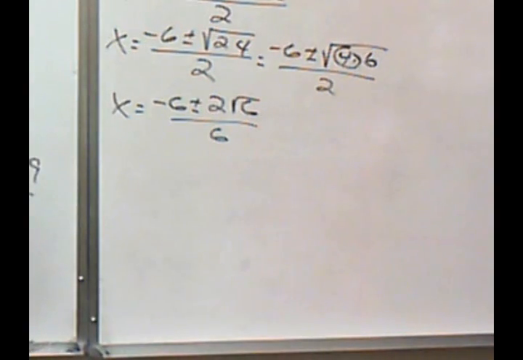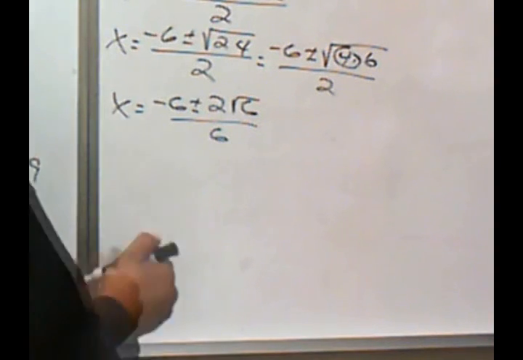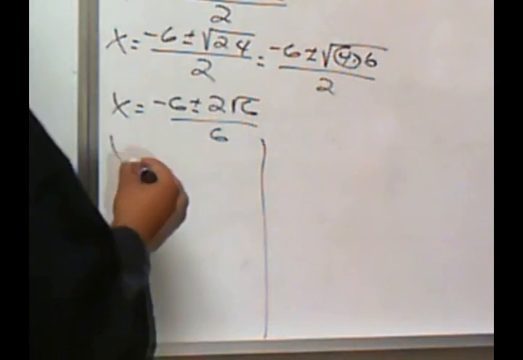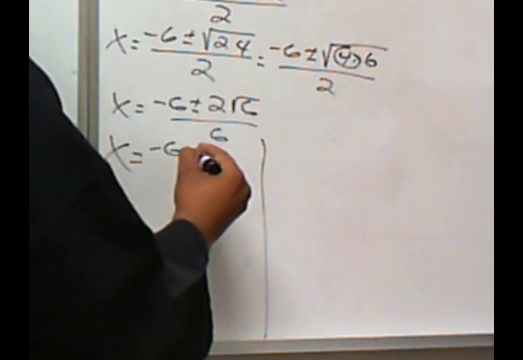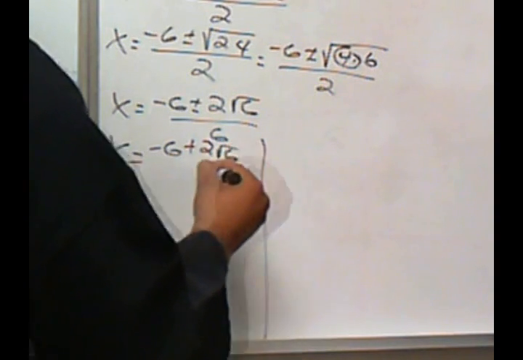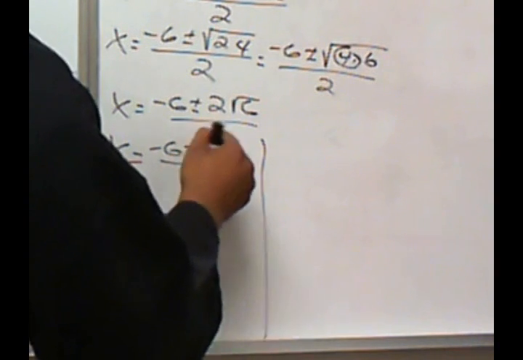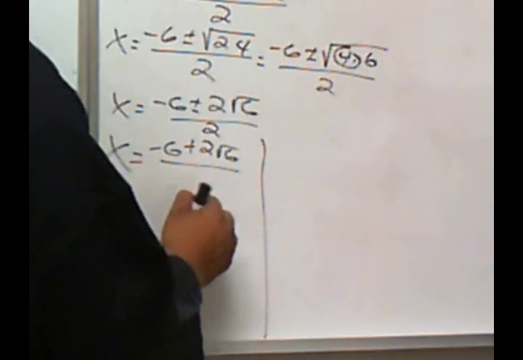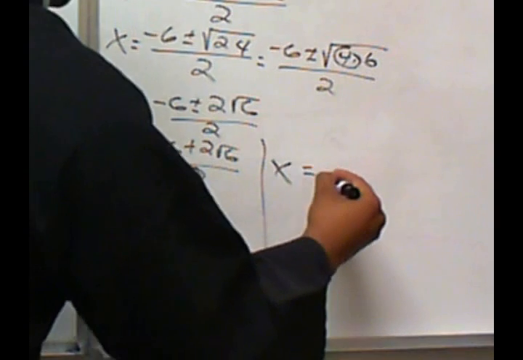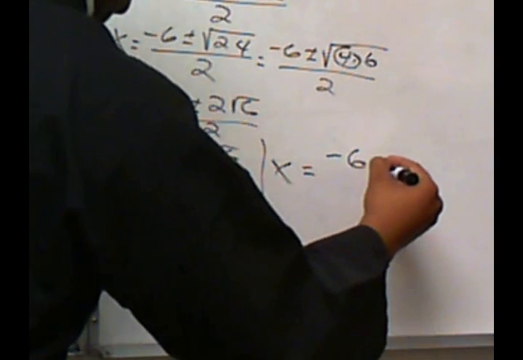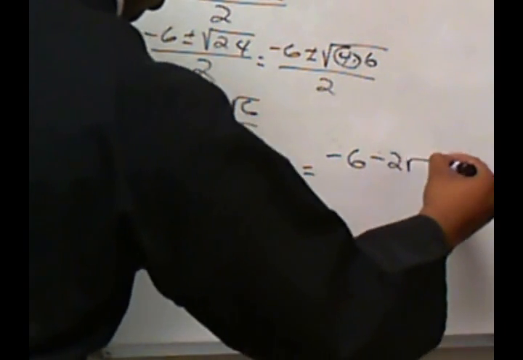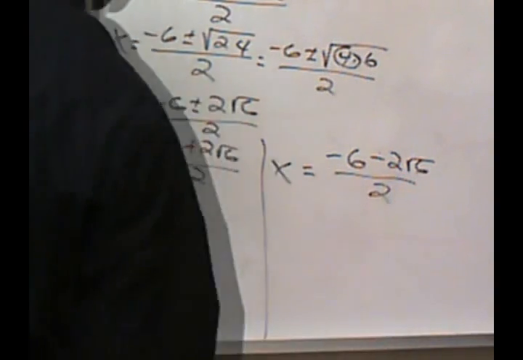Now, we're going to split this into two pieces. We have x equals negative 6 plus 2 rad 6 all over, oh, sorry, all over 2. And the second solution will be negative 6 minus 2 square root of 6 all over 2.